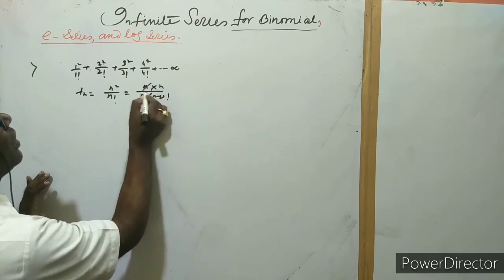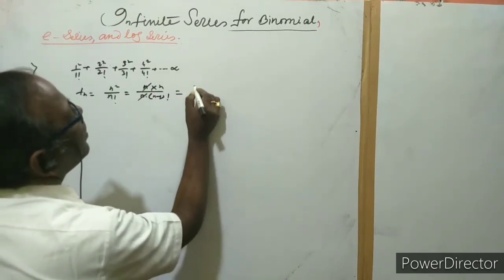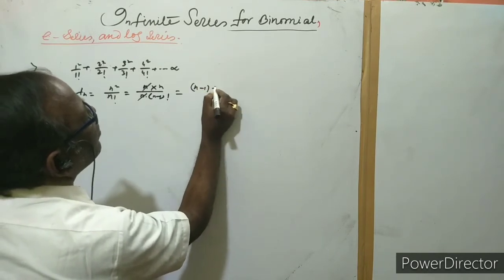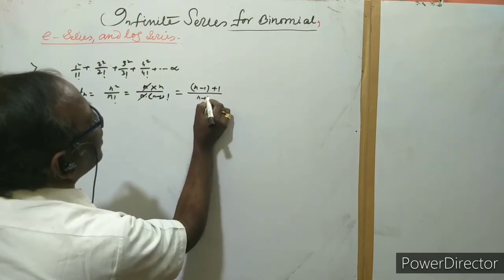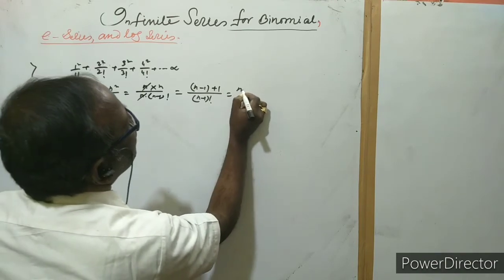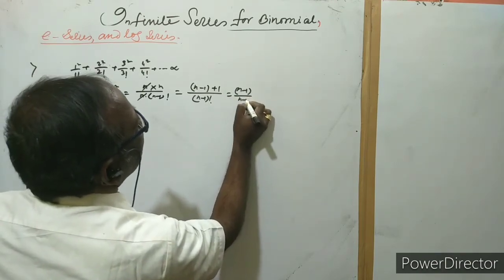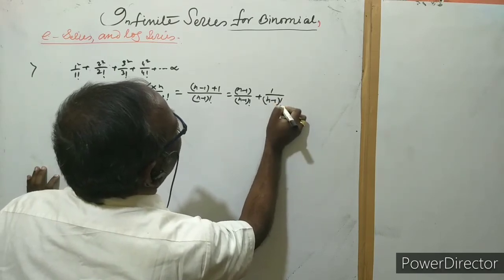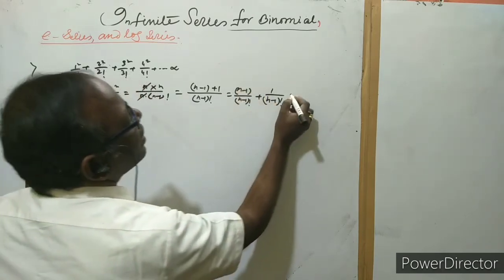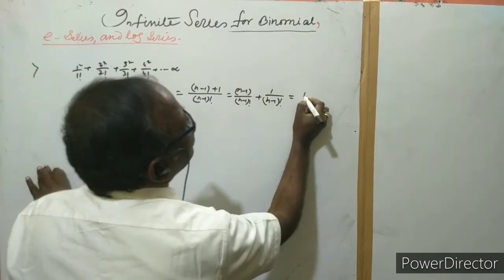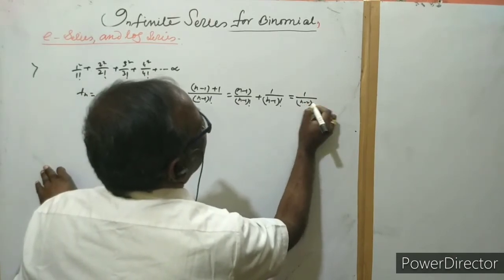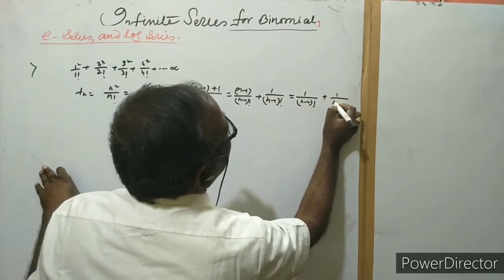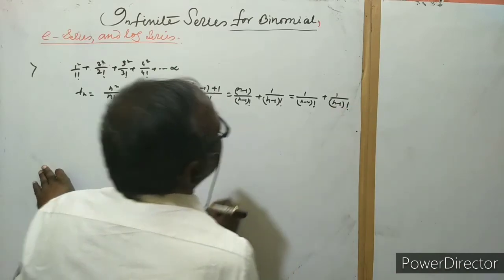So this is factorial, so n and n cancel. Now in place of n we can write n minus 1 plus 1. So n minus 1, this is factorial. By this technique, as n and n cancel, we are left with factorial n minus 2 here, and this is 1 by n minus 1 also.